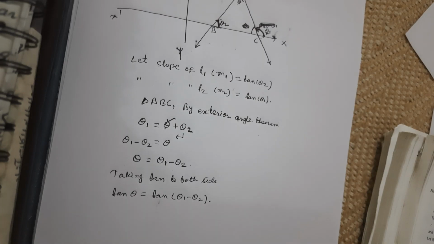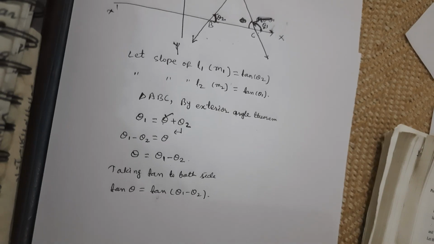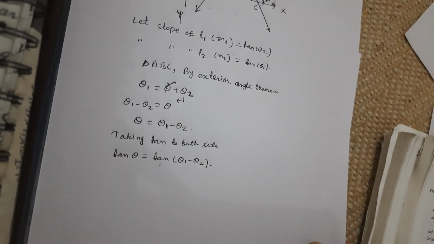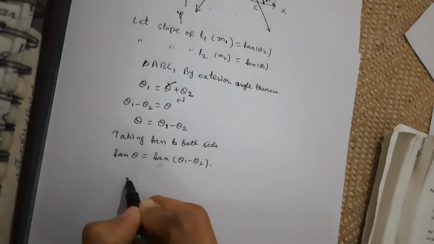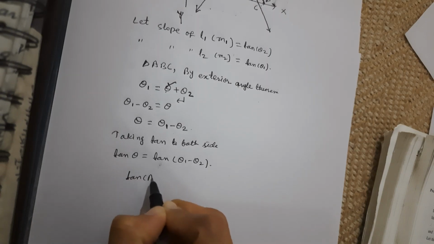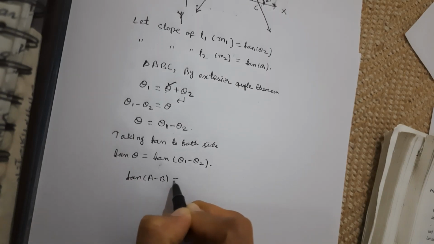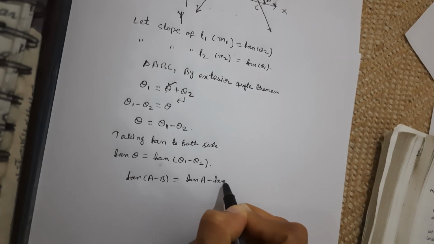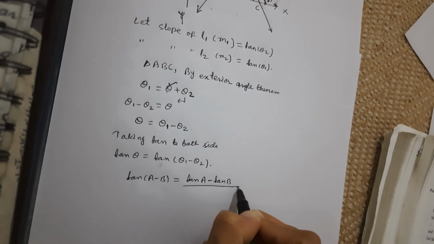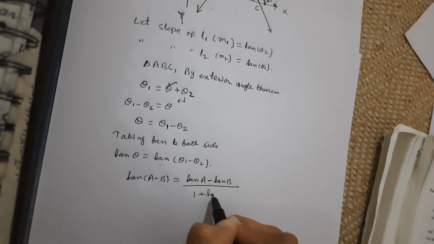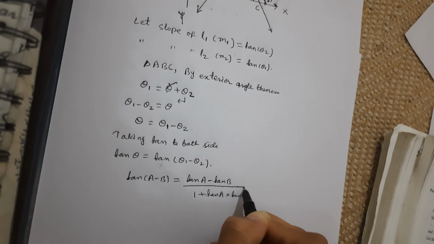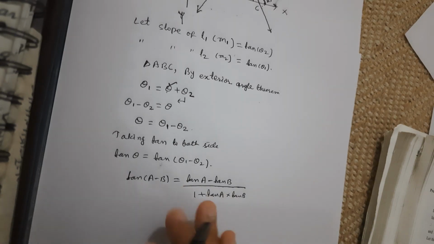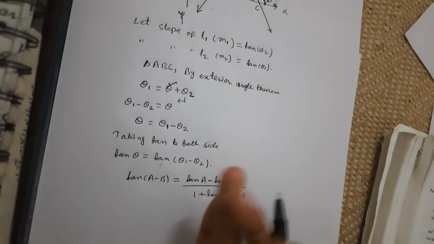Now from trigonometry, we already have an expansion of tan(A minus B), which is nothing but tan A minus tan B upon 1 plus tan A into tan B. So we are just going to take this expansion directly.